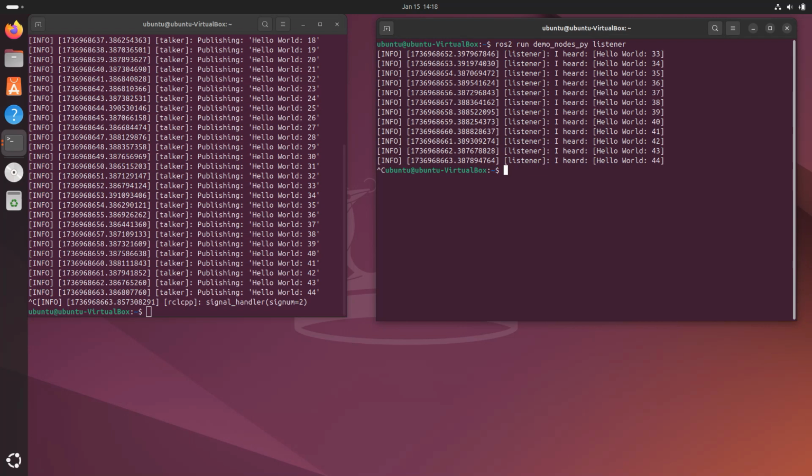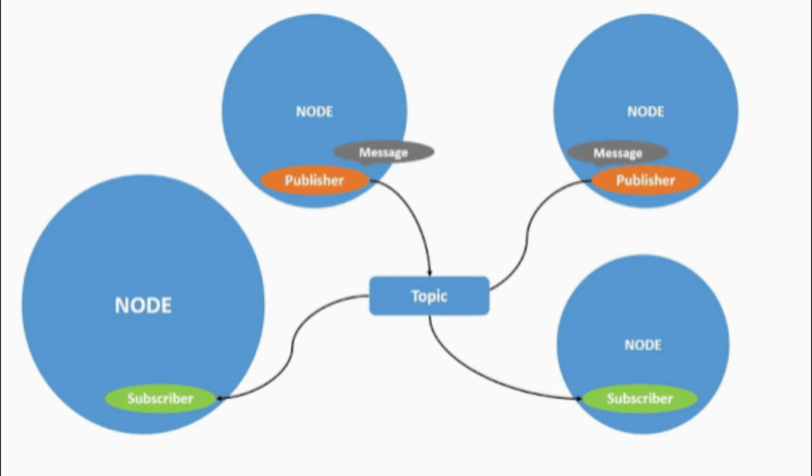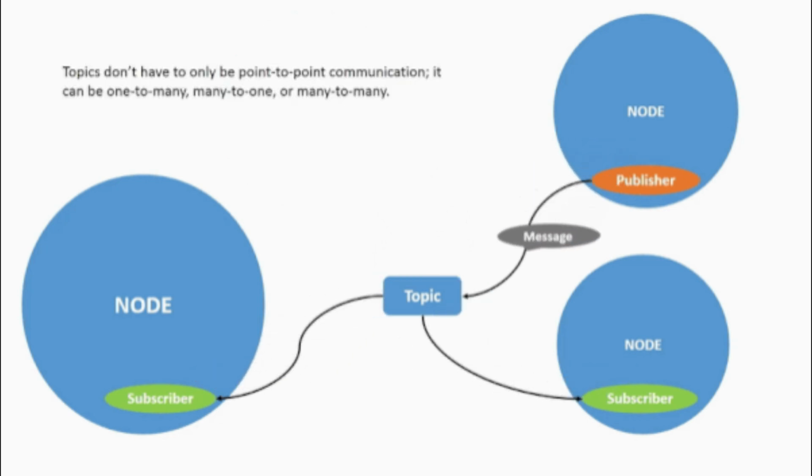The Talker program is what we call in ROS2 a publisher. Remember that, publisher. You're going to use that word a lot over the course of your ROS2 career. The Listener program is called a subscriber. Remember those two terms. Those are the two most important terms in all of ROS2. Publisher, subscriber.